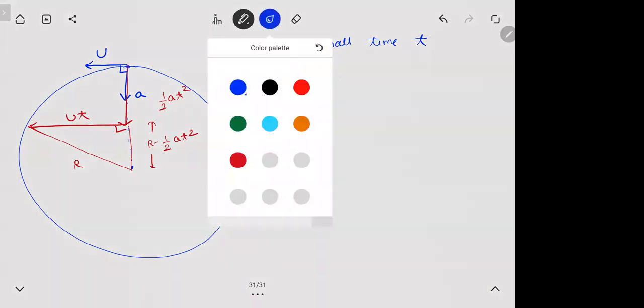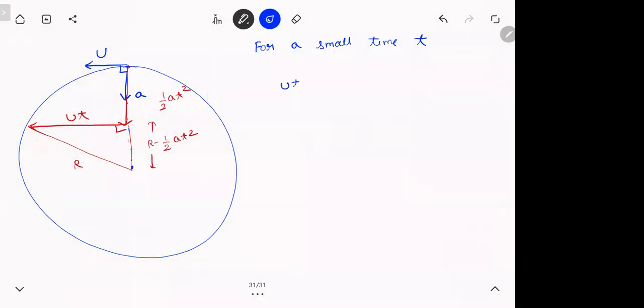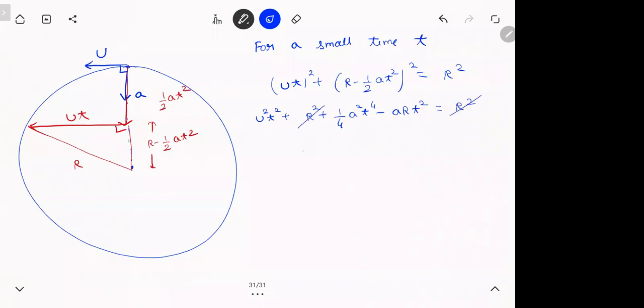Now, using the Pythagoras theorem, we have (ut) whole square plus (r minus half at square) whole square is equal to r square. So u square t square plus r square plus 1 by 4 a square t power 4 minus ar t square. R square gets cancelled.